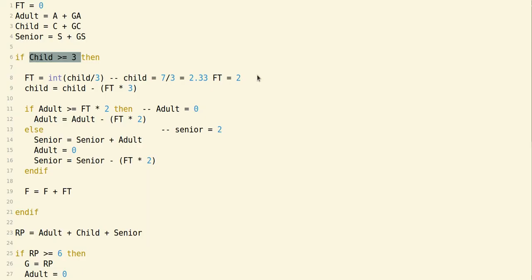So the first thing that we are doing over here is we are checking whether we have enough child tickets being bought so that they could be converted into a family ticket. Okay, so these are some sample values that I've taken. Let's erase this and start over with some sample values.